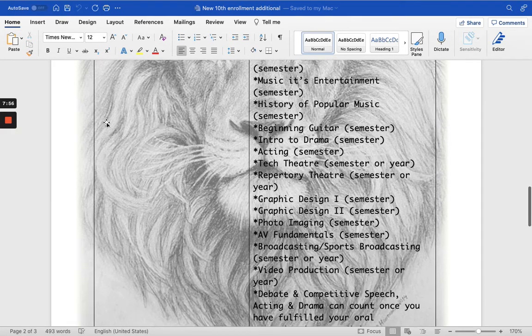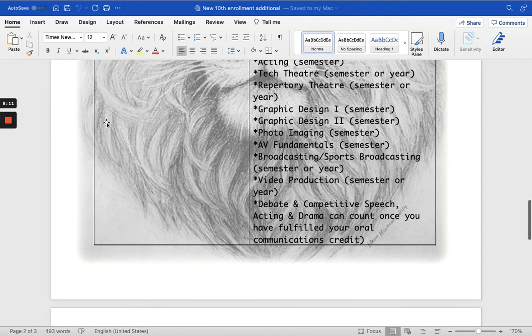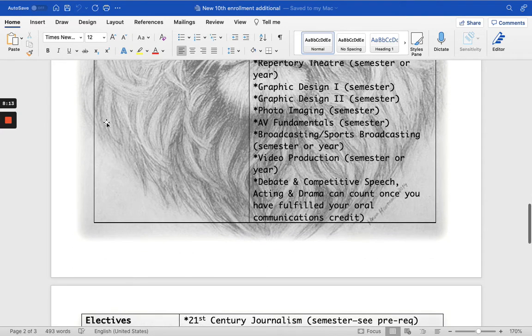So if I'm really interested in AV Fundamentals, which is a semester class, it will count as a fine arts. That's awesome, but what, if anything, do I need to take ahead of time to take that class? That's where, if you refer back to the elective spreadsheet, it will tell you what each of these requires, if any, for a prerequisite.